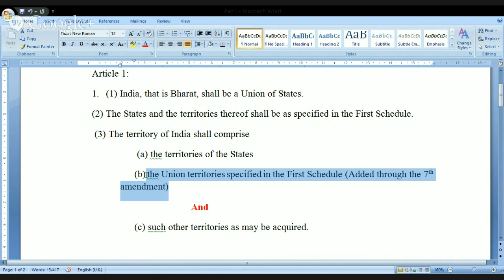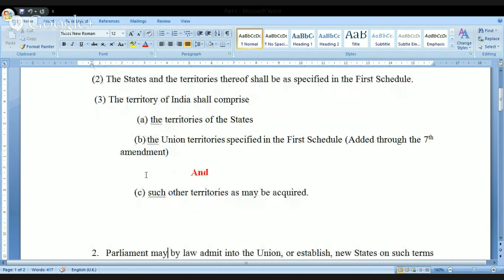And I would like to highlight one thing again, that subclause B was not originally present in the Indian Constitution. It has been added over a period of time, through the seventh amendment. Just remember this. Hopefully, I'm clear. Kindly follow each and every point very clearly.